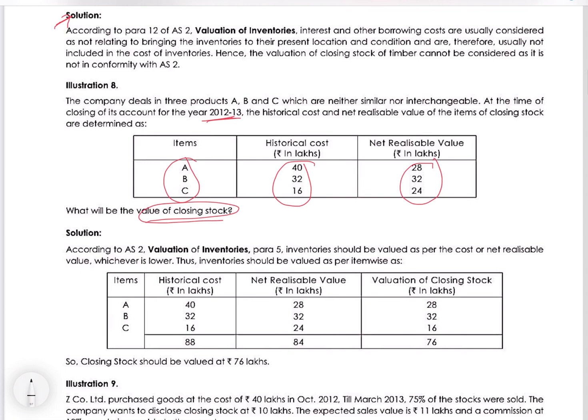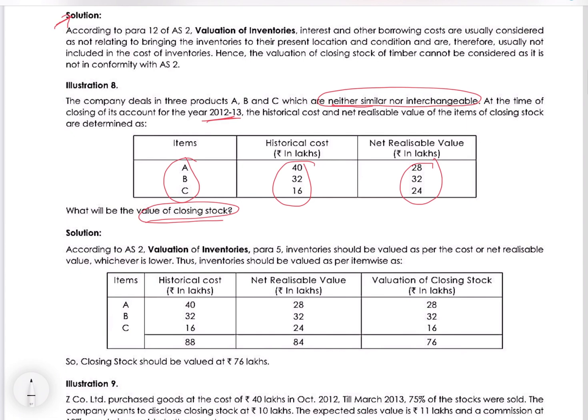It means each one's cost and NRV you have to compare, and whichever is lower will be the value of that stock. Here A, B, C are, as they have given in the question also, neither similar nor interchangeable. So we can't group them and total it to find whichever is lower, cost or NRV. We have to do an item-wise comparison of cost and NRV.